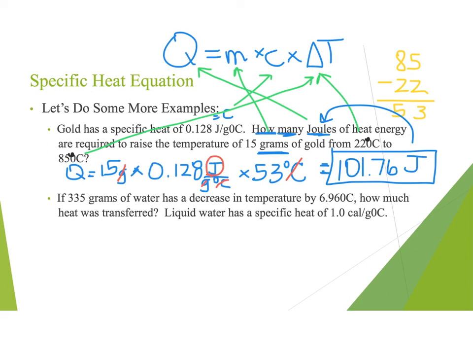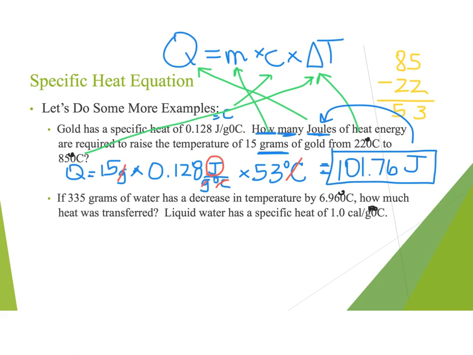All right, so let's take a look at our last example. It says if 335 grams of water has a decrease in temperature by 6.96 degrees Celsius, how much heat was transferred? Liquid water has a specific heat of 1 calorie per gram degrees Celsius.